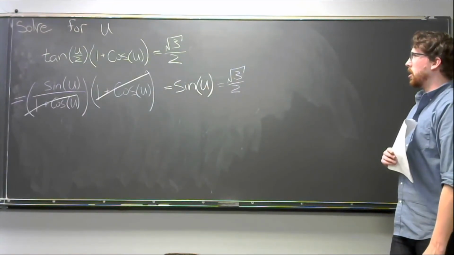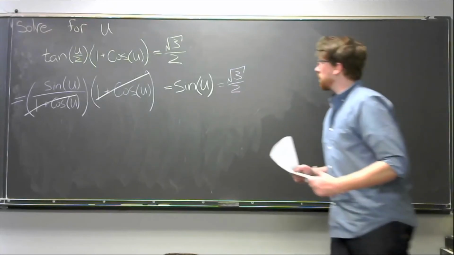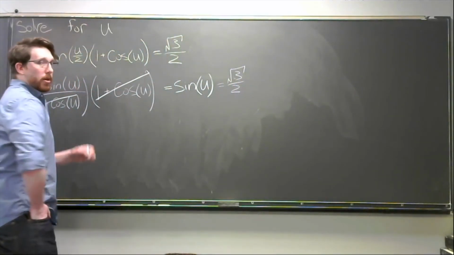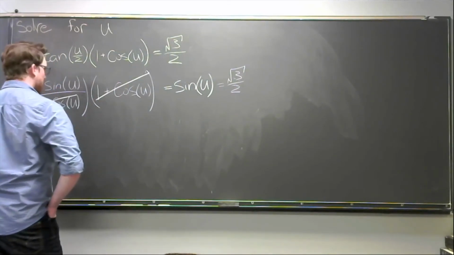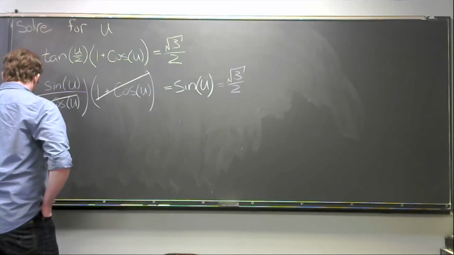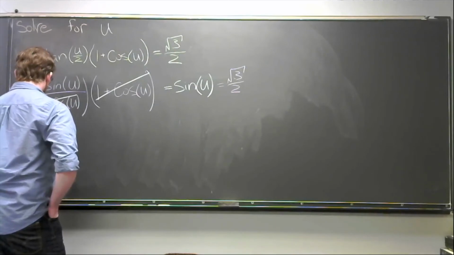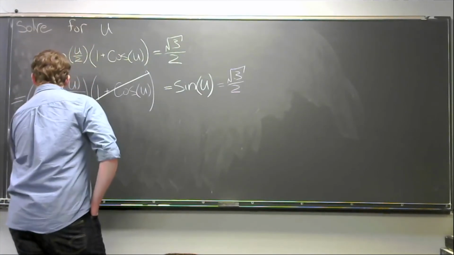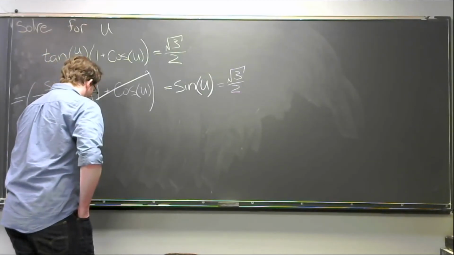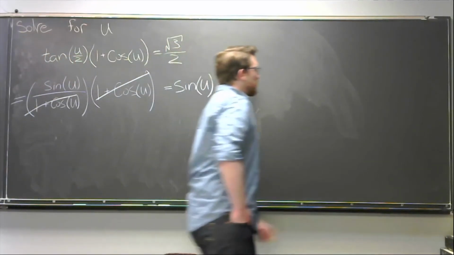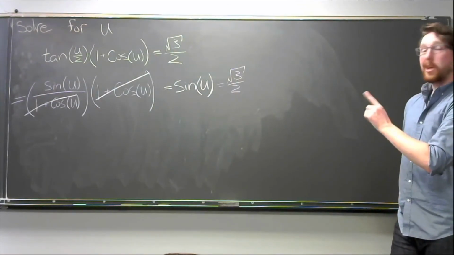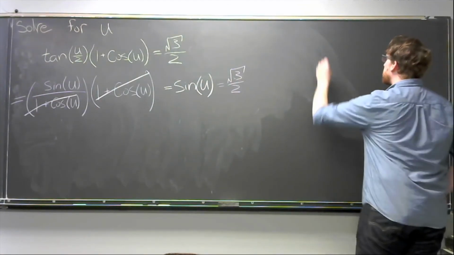Okay, so we're solving for u. That means we can just apply the arc cosine to this. The arc sine. Actually, let's go about this a slightly different way. From here, we can just go back to the unit circle.